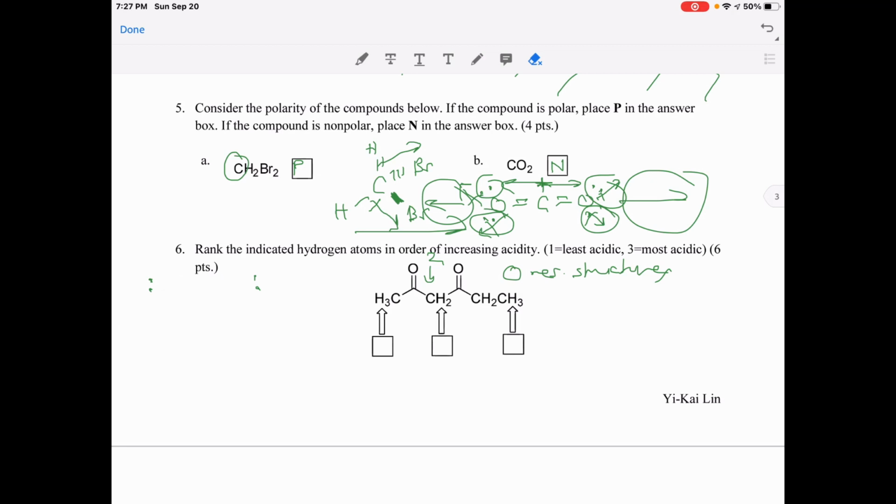Finally, let's evaluate the structure on the left. If we deprotonate one of these hydrogens, we get the following. Or wait, let me draw the conjugate base first. My apologies.